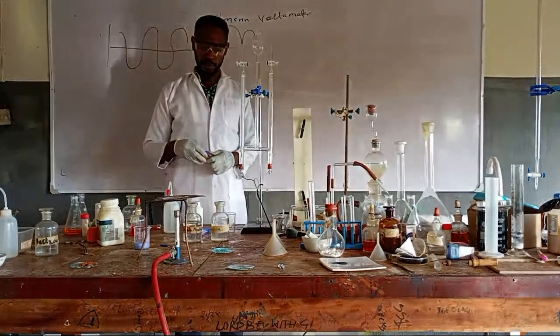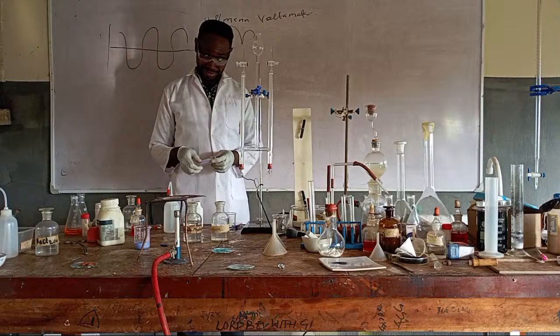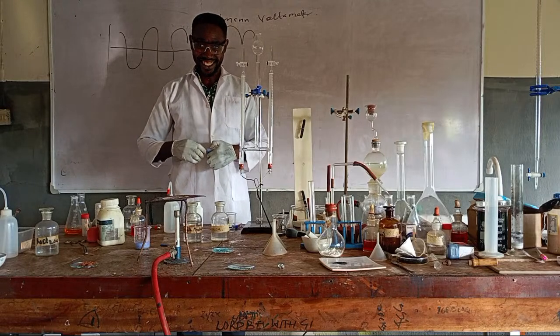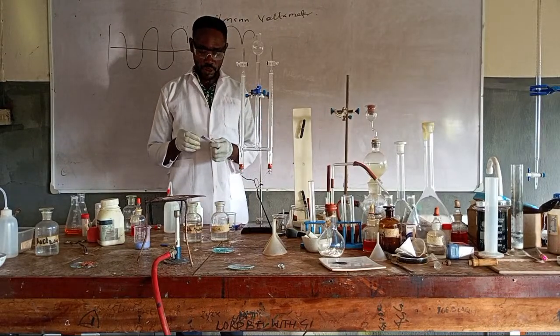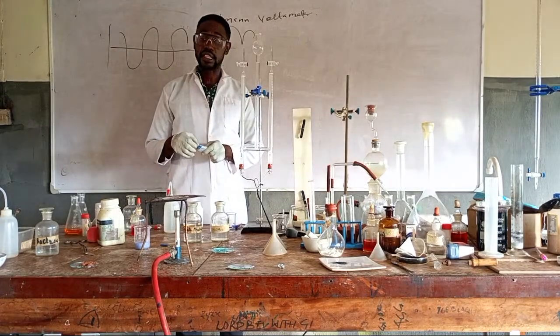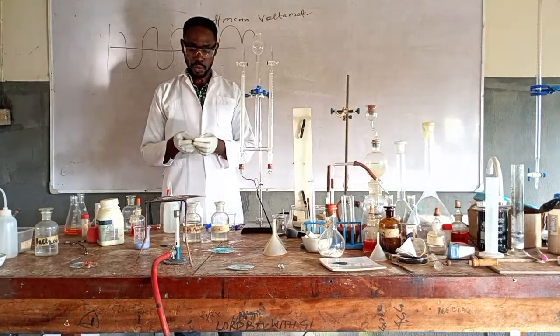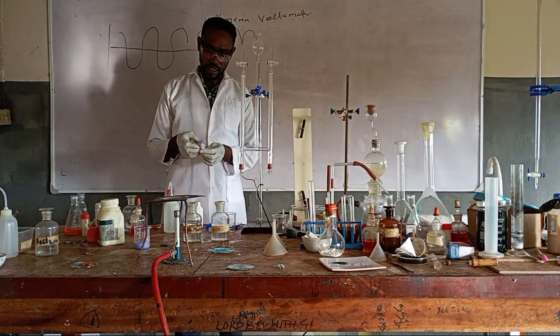What should be the color of blue litmus in base? Blue. So you remember that the cobalt 2 chloride is also what? Blue. So we want to know the difference. This is litmus paper, it's blue. If I put it in a base, the color will remain the same.